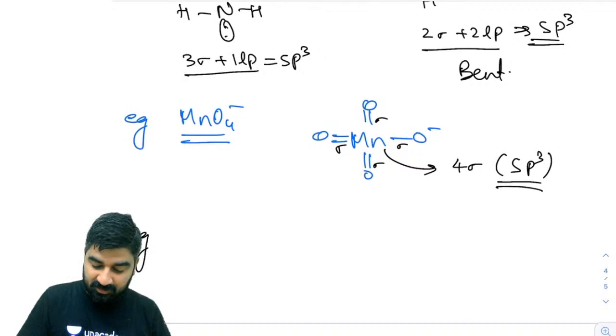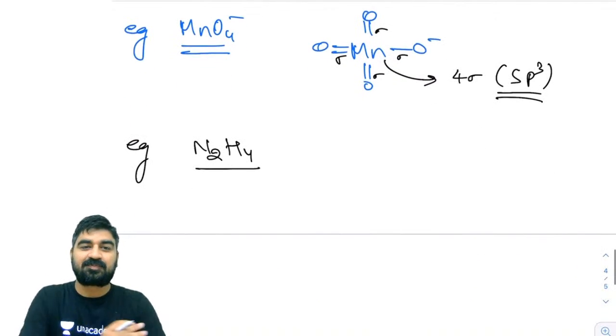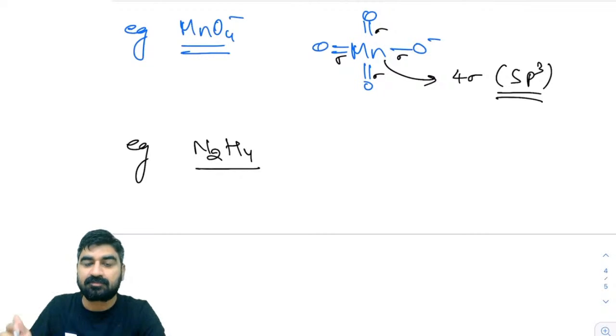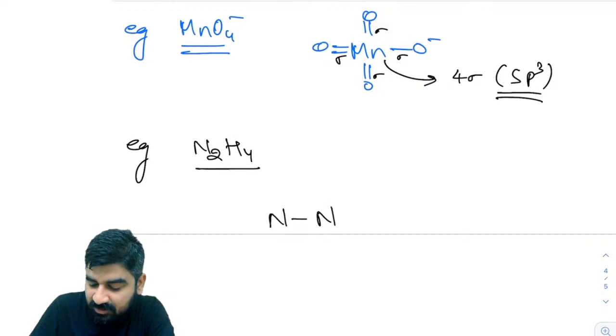So let me take one more, N2H4. Do it, guys. Calculate the hybridization of nitrogen in N2H4. So just draw the structure of N2H4, because without a structure no formula will work here.